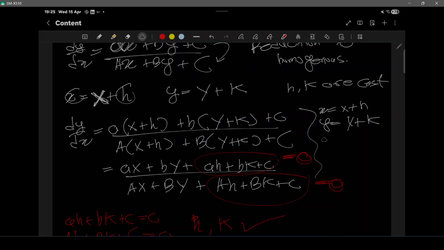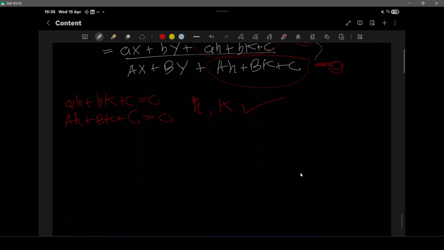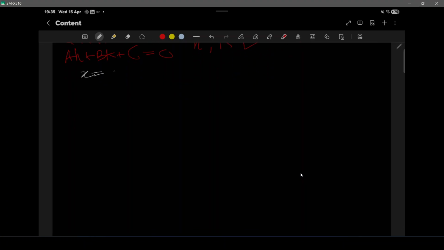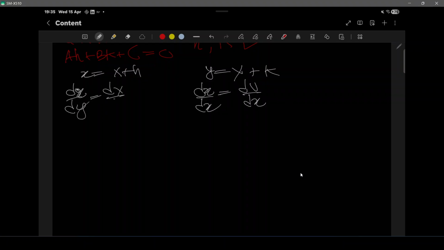If you differentiate this with respect to x, we get dy over dx equal to d capital Y over d capital X. If you differentiate with respect to y, dx over dy is equal to d capital X over dy.